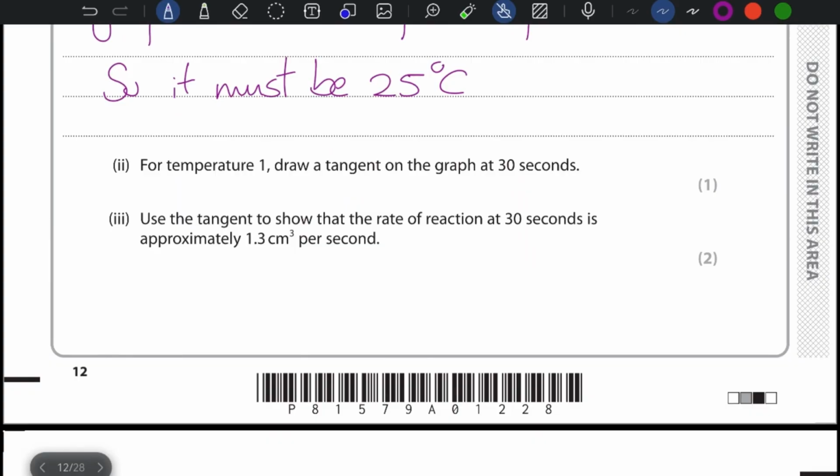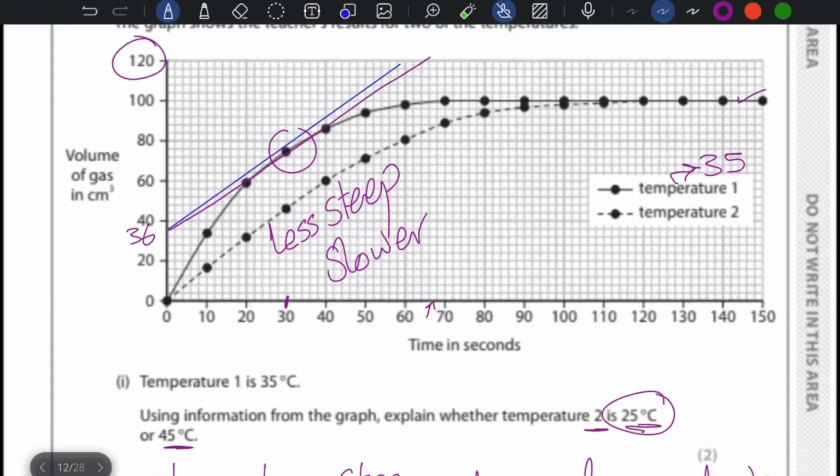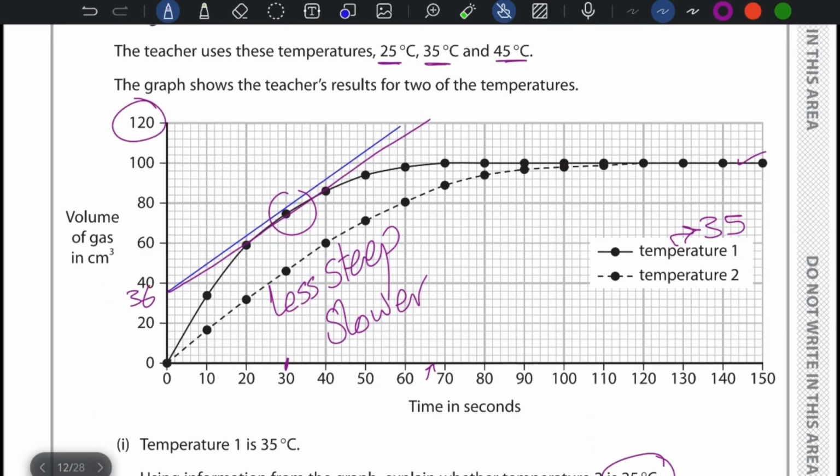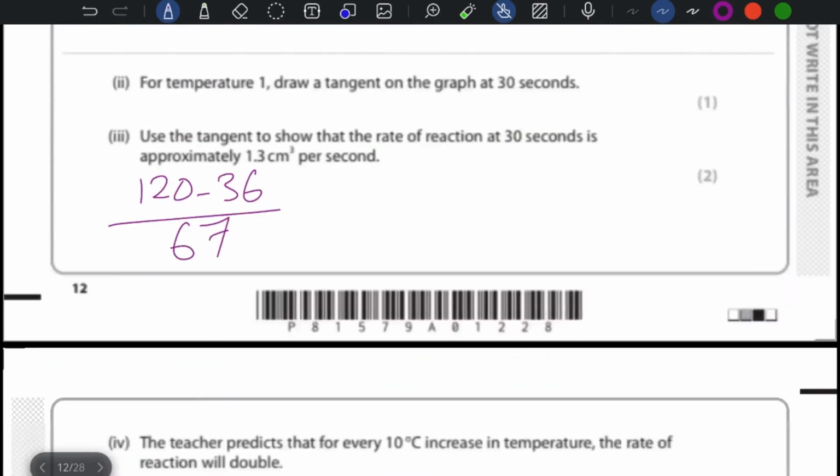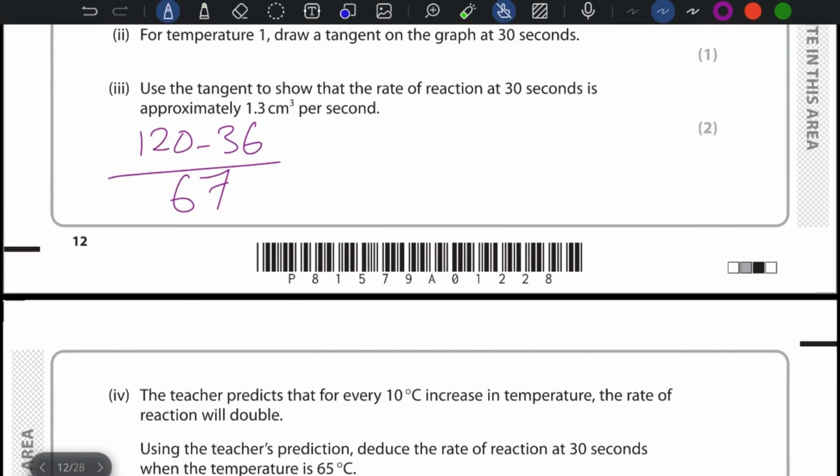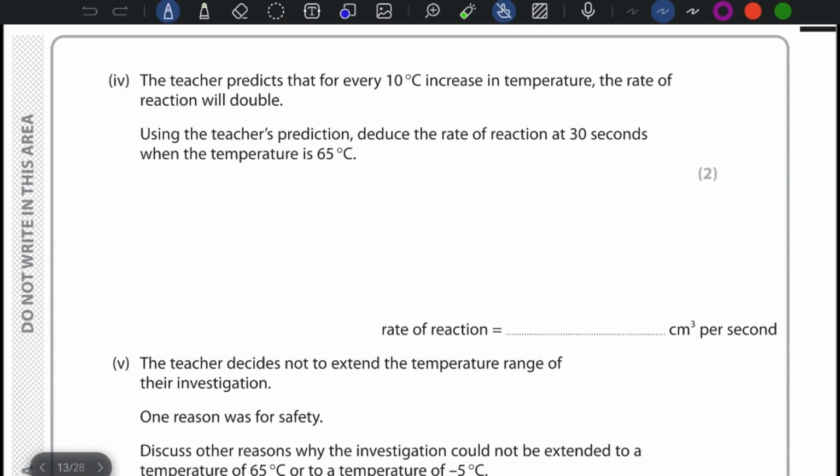So the slope is 120 minus 36 over 67. So the correct answer will be 1.25 cubic centimeter per second. He mentions approximately 1.3, but we found 1.25, considered as correct answer.